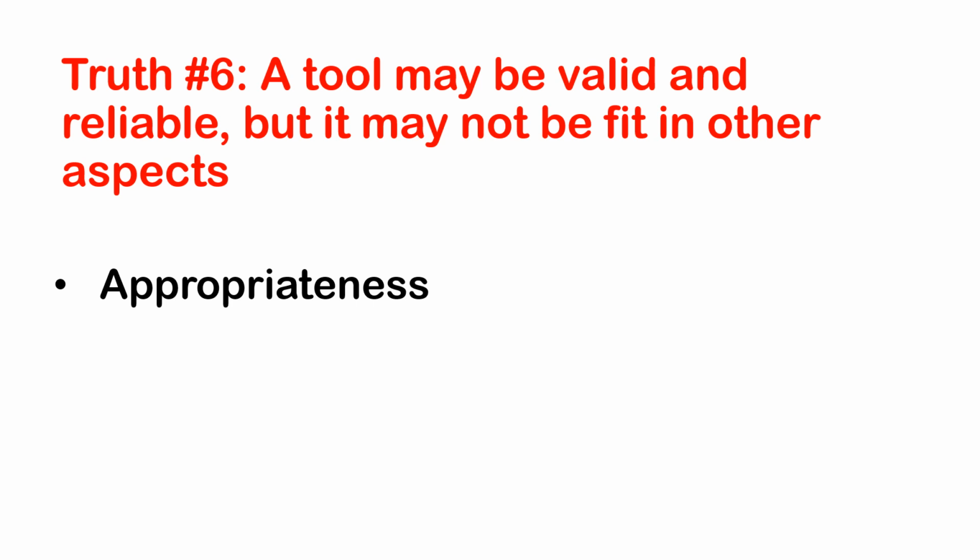For instance, the MMDST, or Metro Manila Developmental Screening Test, is a standardized tool for Metro Manila children only. I remember that my students and I used the MMDST for children in a rural area where there was no TV. There's an item in the MMDST wherein the child is shown several drawings and asked to identify them.